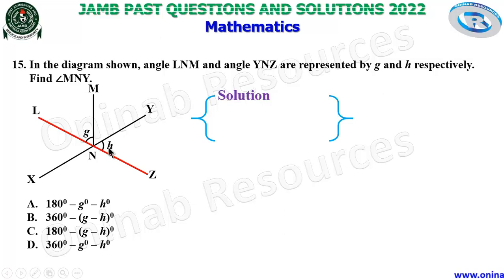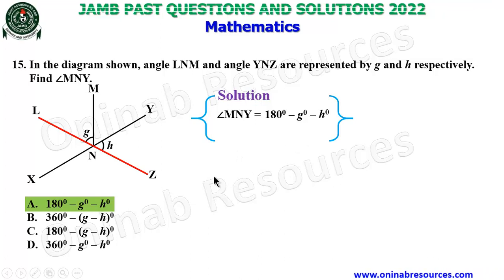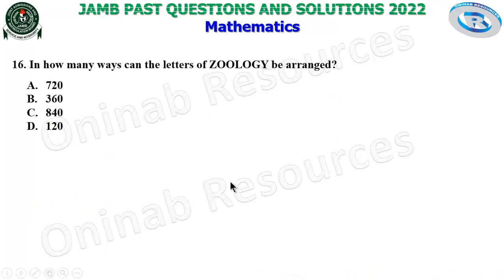Since it's a straight line, this plus this plus this will give us 180. Therefore, angle MNY is going to be 180 minus G, then minus H. So that is option A. So that's all for problem 15. We then go to problem 16.